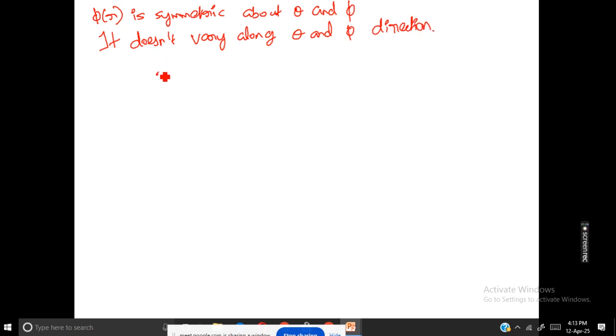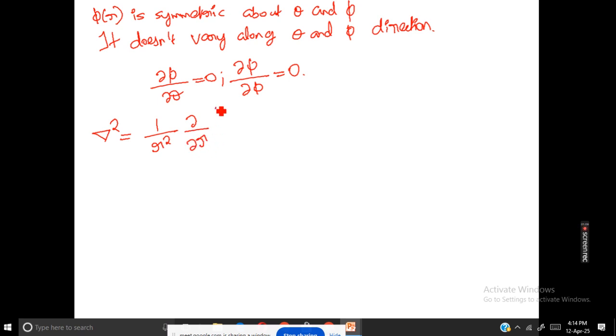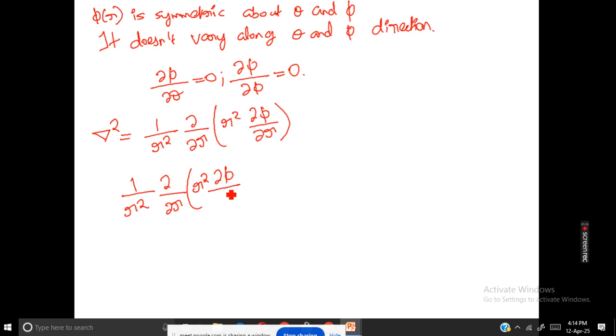Because of this, dou phi by dou theta is equal to 0, and dou phi by dou phi is also equal to 0. The del square will simplify into 1 by r square dou by dou r of r square into dou phi by dou r. So we can write 1 by r square dou by dou r of r square into dou phi by dou r is equal to phi by lambda d square.